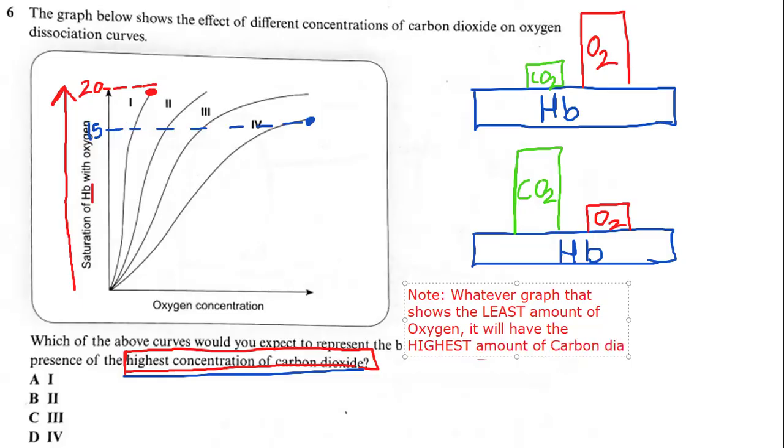That's the idea with this question. So look for the one that has the lowest amount of oxygen, because the one that has the lowest amount of oxygen will have the highest amount of carbon dioxide. And the one that has the highest amount of oxygen will have the lowest amount of carbon dioxide. That's how it works. It works in an opposite way.